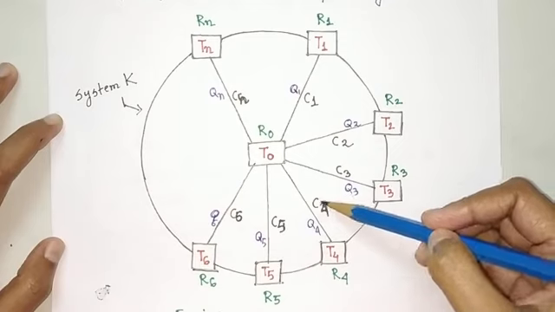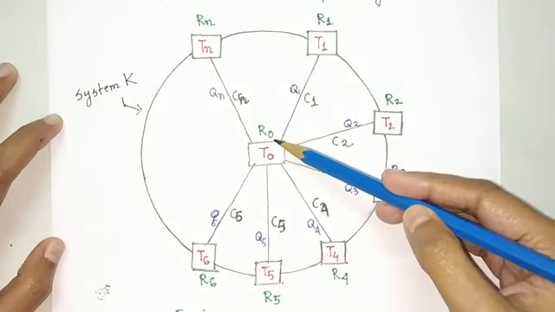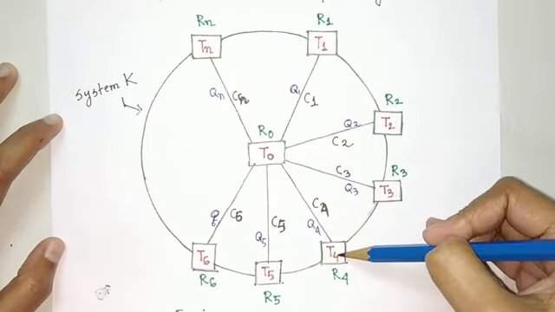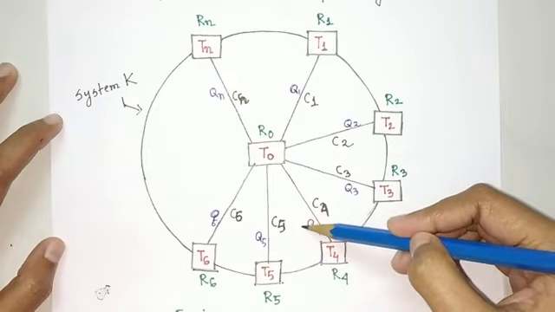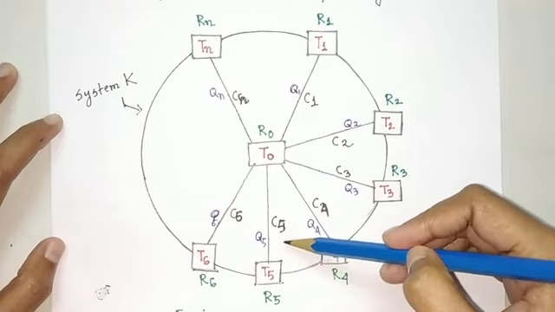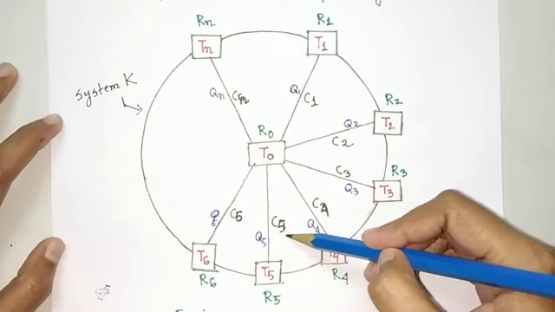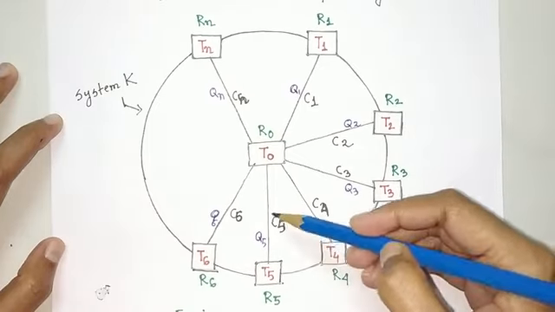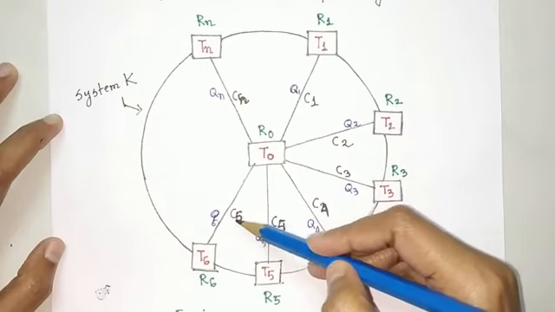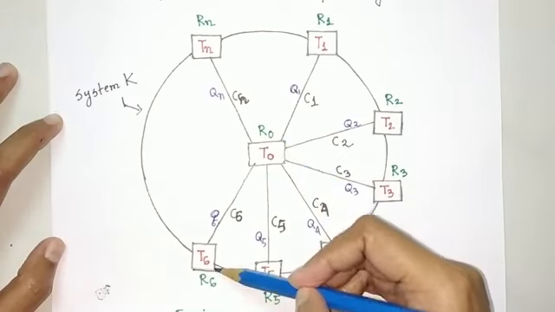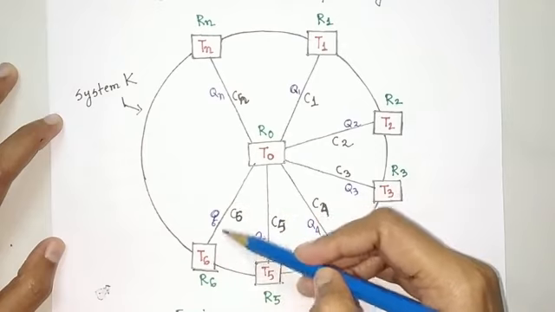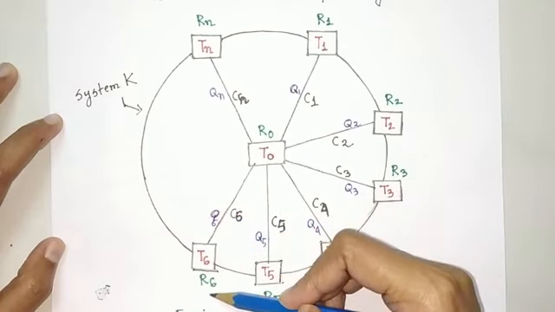The fourth Carnot engine C4 acts between R0 and R4, that is between temperatures T0 and T4, and exchanges an amount of heat Q4 with R4. It is similar for C5, which acts between R0 and R5 and exchanges an amount of heat Q5 with R5, and the sixth Carnot engine C6 acts between R0 and R6, between temperatures T0 and T6, and exchanges an amount of heat Q6 with R6.